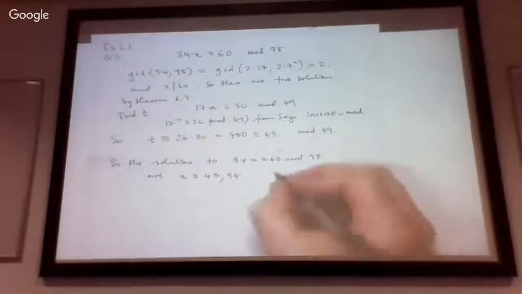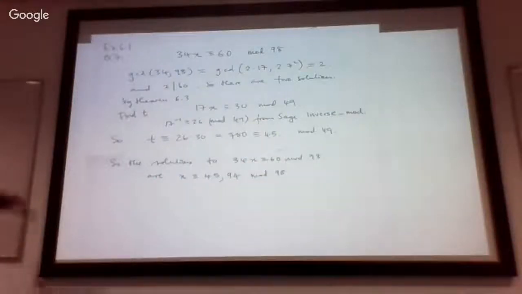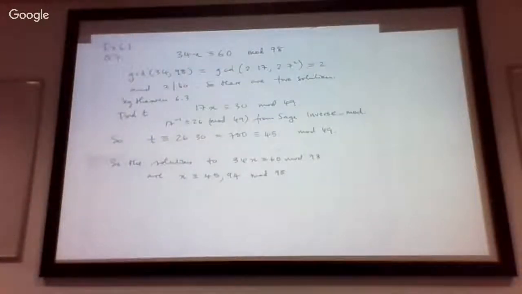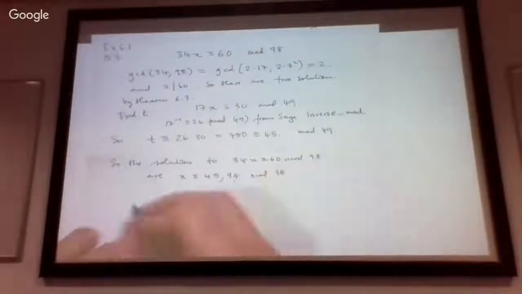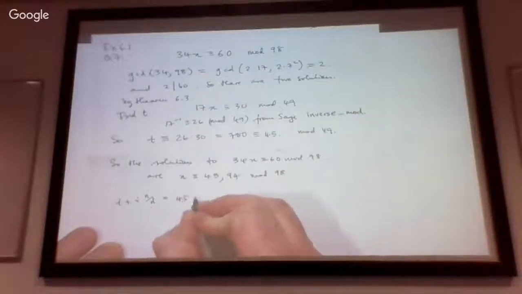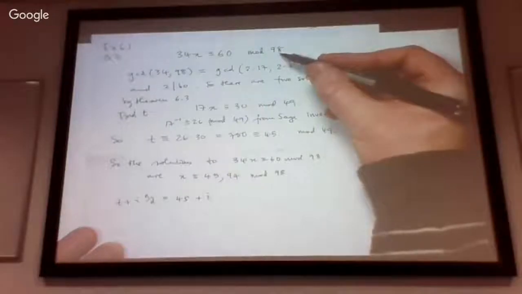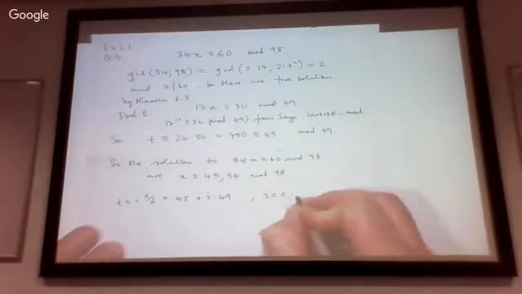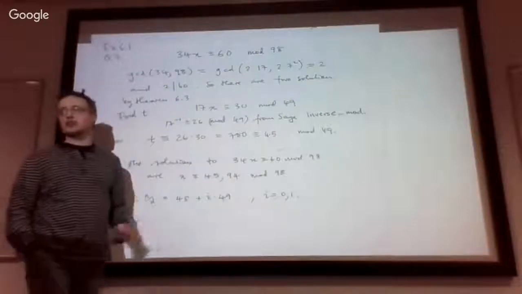My brain was grinding to a halt there. Those are the two congruence classes which solve that. How did you find them? Remember it's t plus i n over d. So that's 45 plus i times n over d; here n was 98 and d was 2, so it's 49, and there were two options for i, 0 and 1. So it's 45 and 45 plus 49.